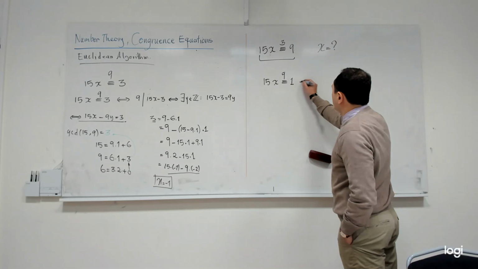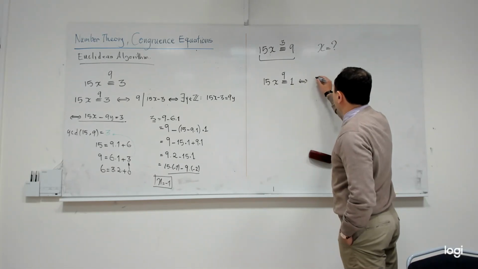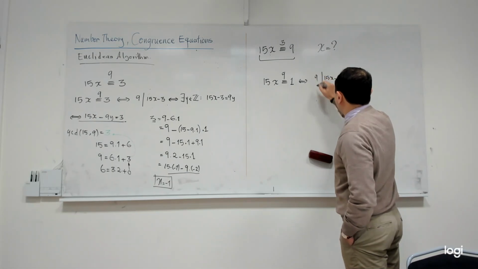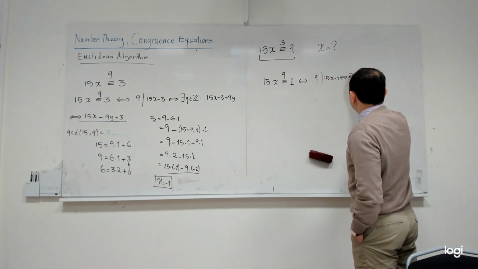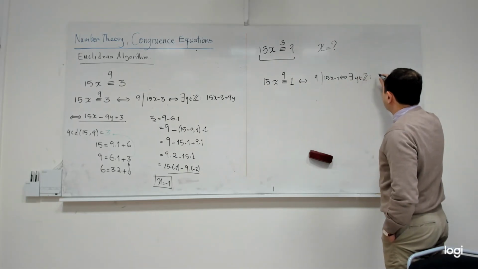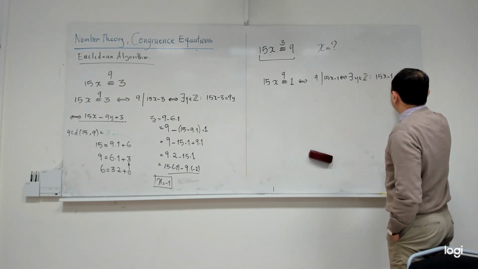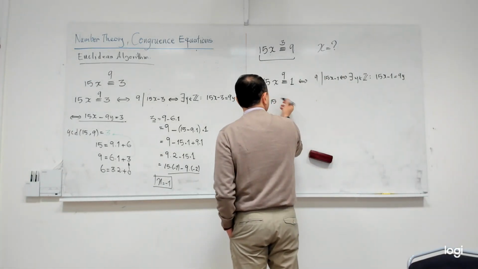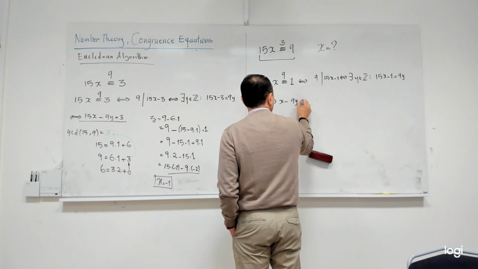You would say that this is equivalent to saying that 15x minus 1 is divisible by 9. This means that there exists y in Z such that 15x minus 1 is equal to 9y. And then I move this to the left exactly as before, yes? Okay?